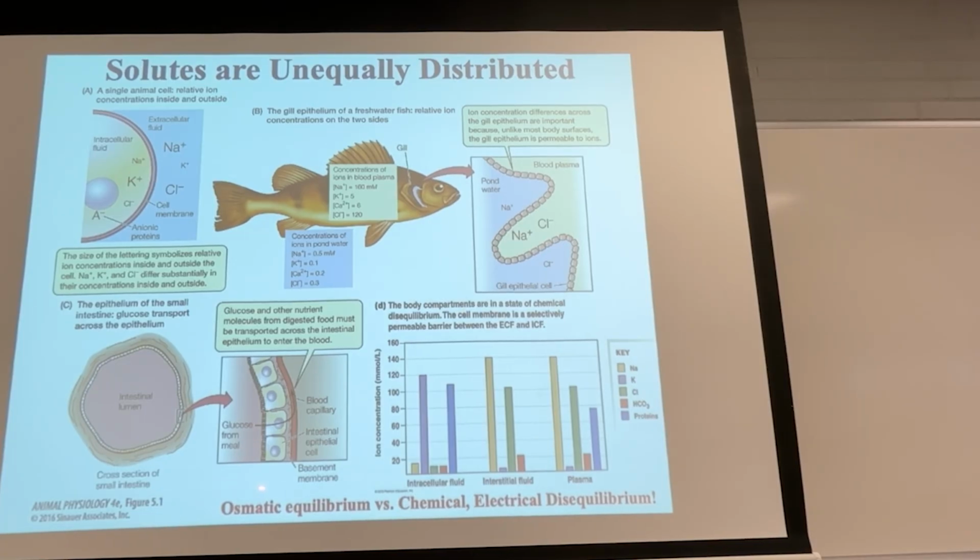So osmotic equilibrium simply means that the solute concentration on one side is equal to the solute concentration on the other side, right? But what solutes cells decide to concentrate are going to be different than the solutes found in the extracellular fluid. So it simply means equal numbers on either side, but different solutes, right, on either side.